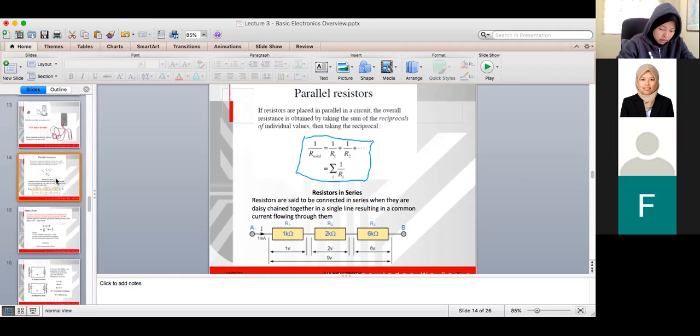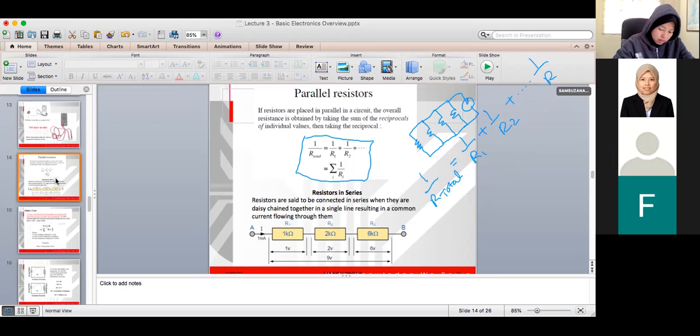You have resistors parallel to each other, side by side. So if you have resistors like this, then the calculation is 1 over R total equals 1 over R1 plus 1 over R2 plus so on. Then you have to do the calculation to find R total. Okay.